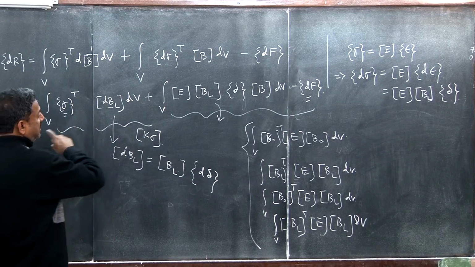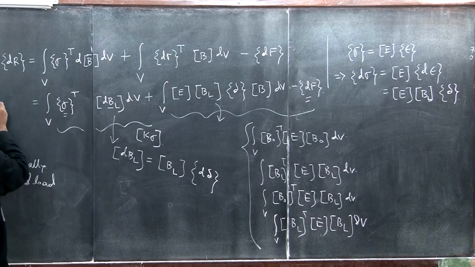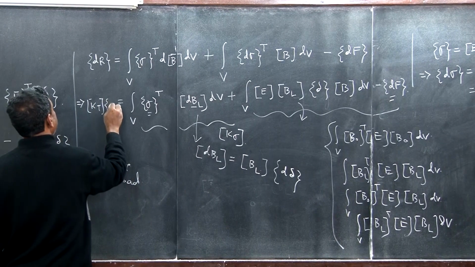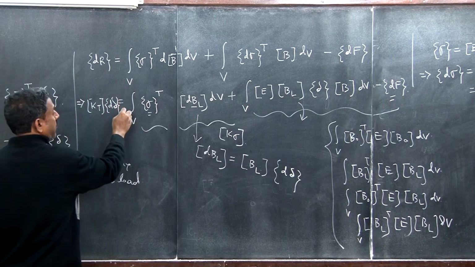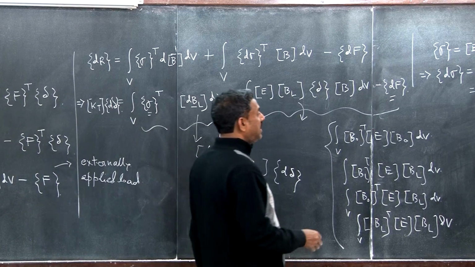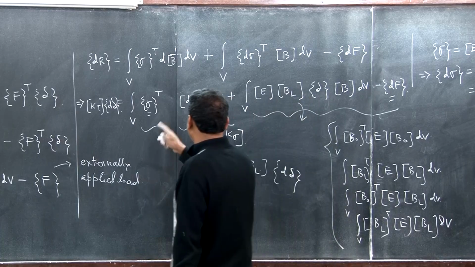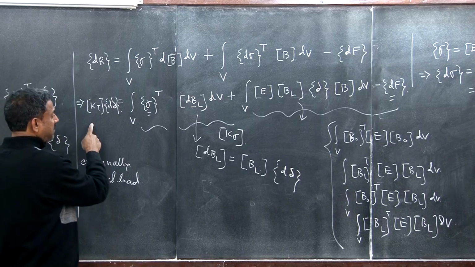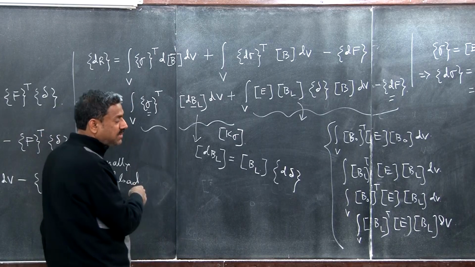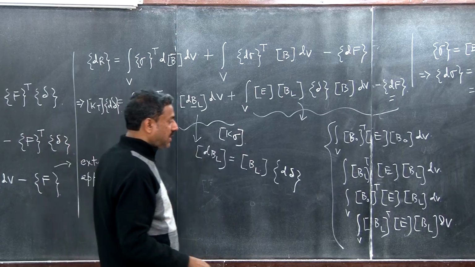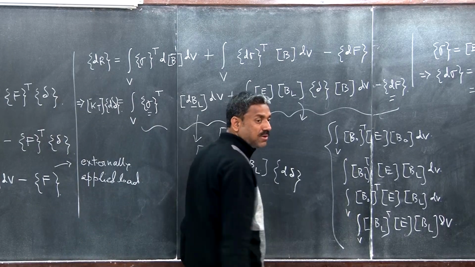So you see that the total dR is nothing but KT into d delta minus dF, the externally applied load, okay. So here, a part of the tangent stiffness matrix consists of the geometric stiffness matrix, and then there will be some additional terms here, okay.